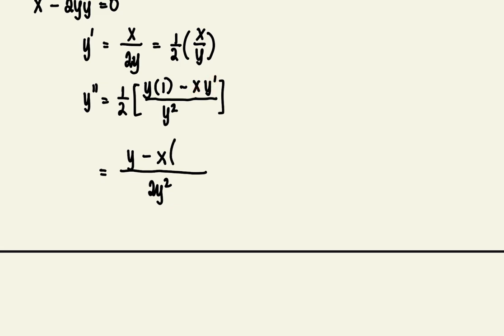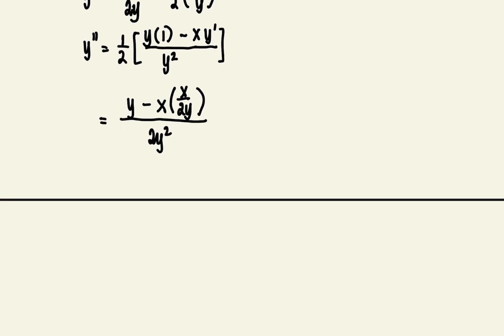So we know that here y prime is equal to x over 2y. Okay, so simplifying the numerator, we have y minus x squared over 2y all over 2y squared.